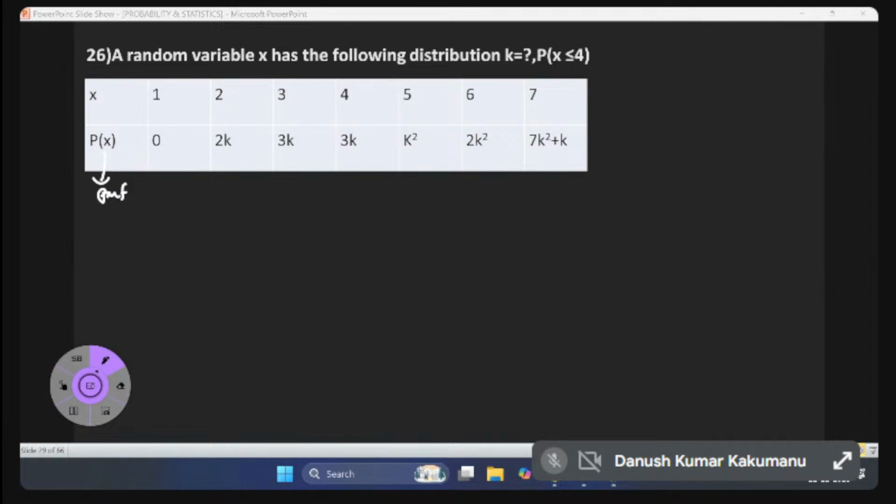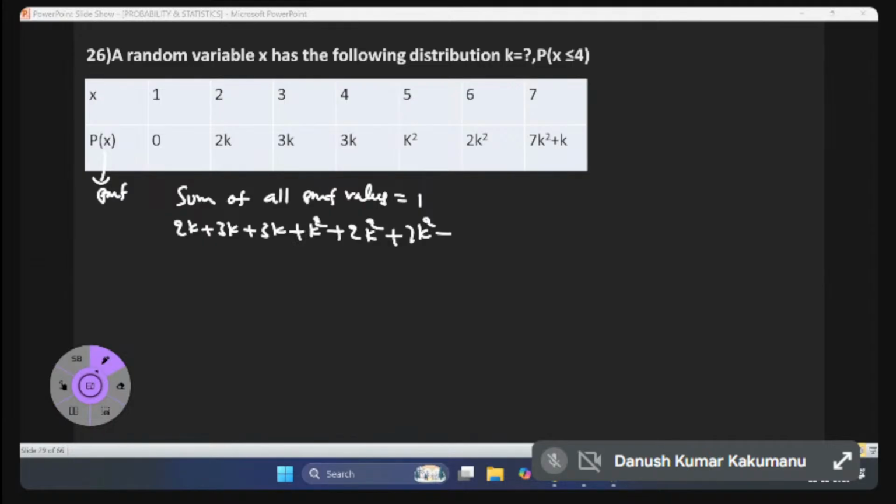Sum of all PMF values is equal to 1. So 0 plus 2k plus 3k plus 3k plus k square plus 2k square plus 7k square plus k equals 1. You are all understanding?